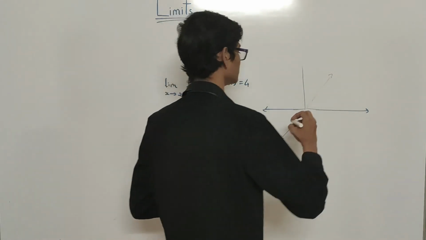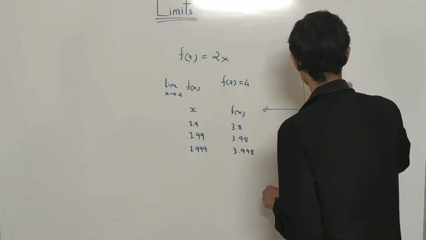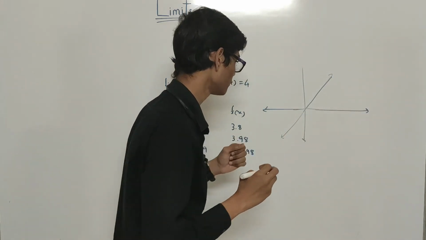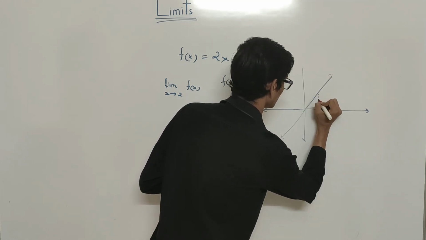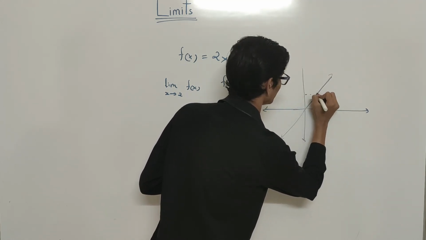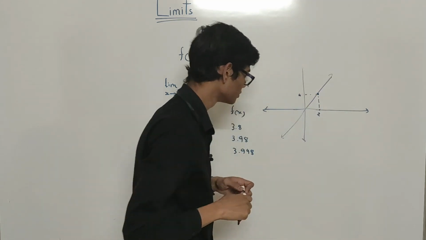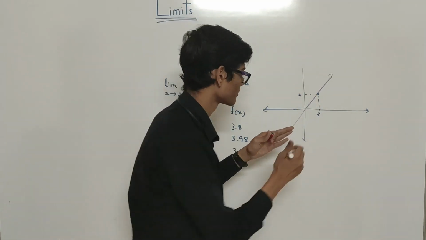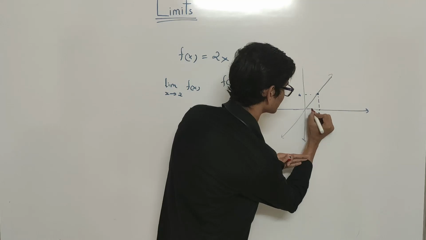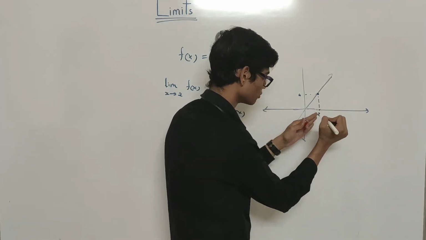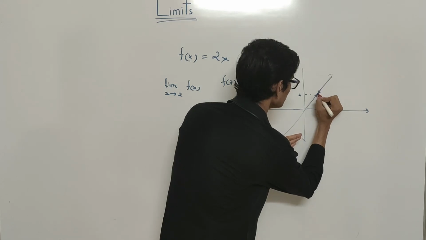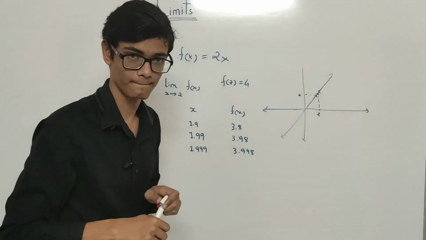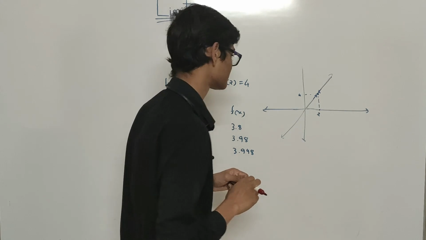Let me make it clear. So here is the 2 and here corresponds the value of 4. So we can see from the graph, as x is going very close to 2, the value is approaching 4. So that's the limit.